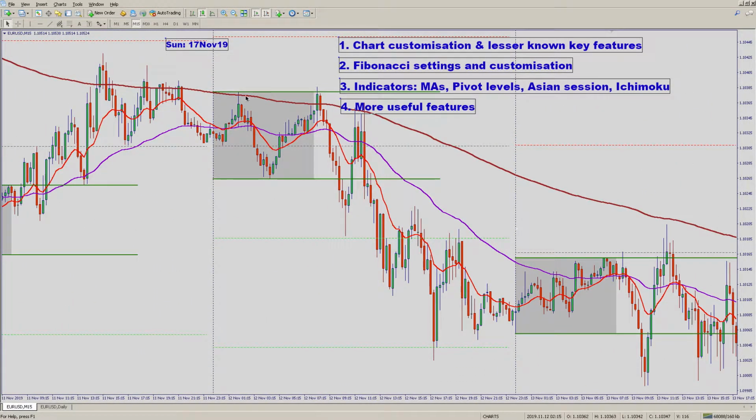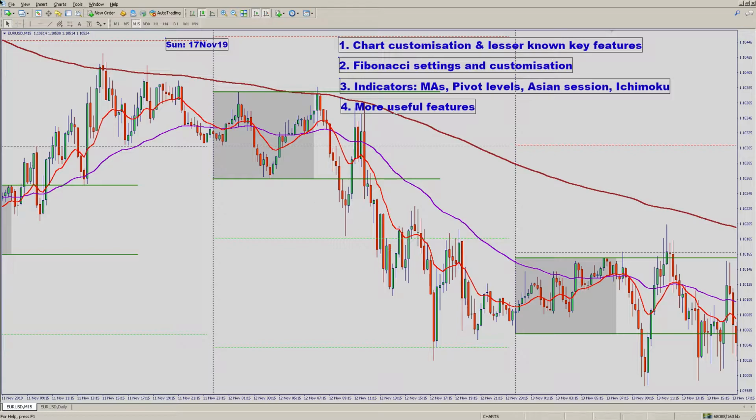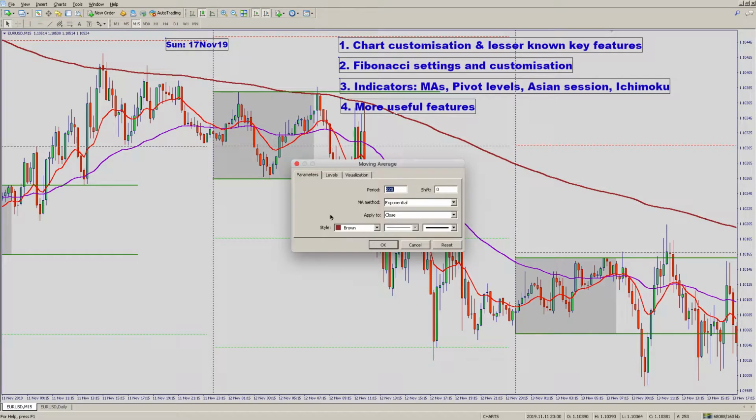That's the 200 EMA. If we just wanted to adjust this slightly to 220, it's more accurate there. But I think for all visualization techniques and strategies, 200 is good enough.